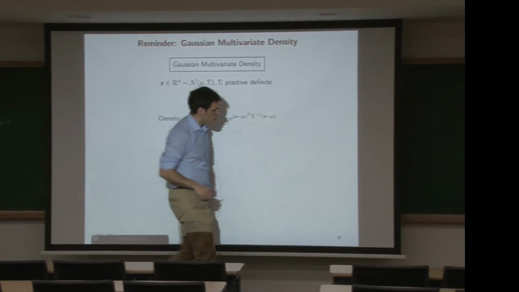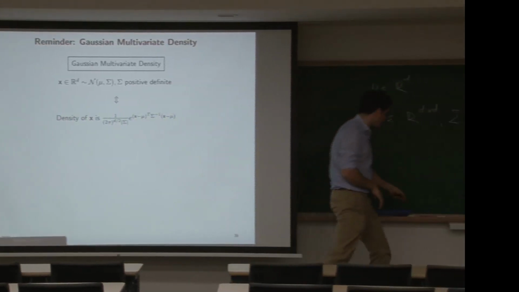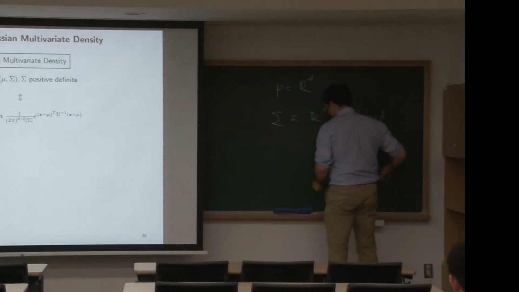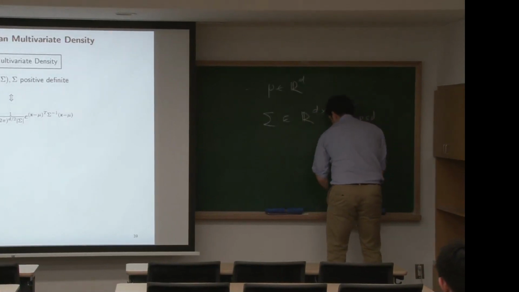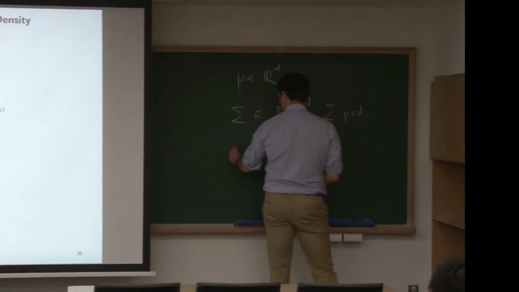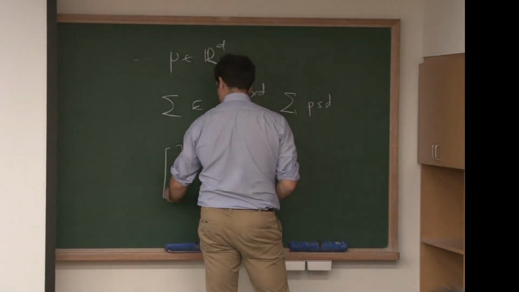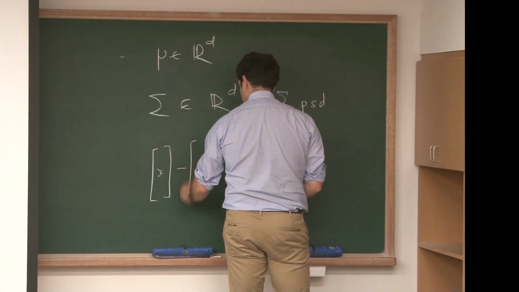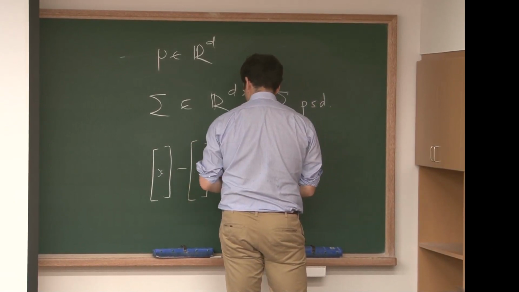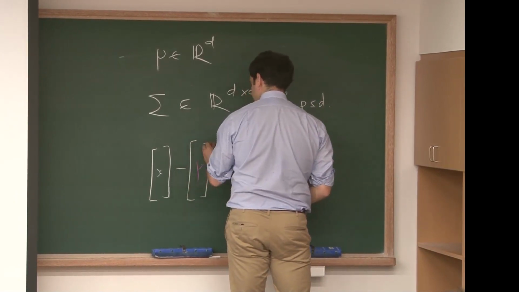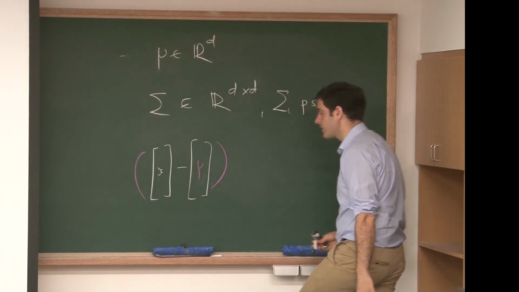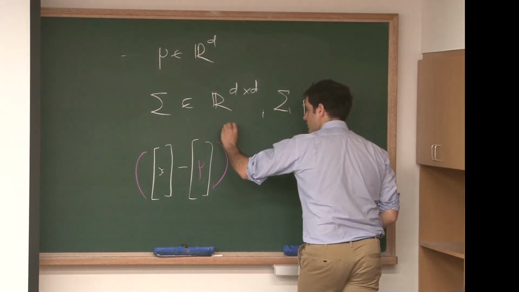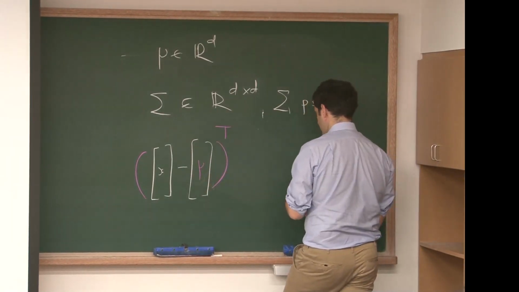The way you compute the density of a vector is easy. You have a vector x, and you subtract mu. This is a parameter, so mu is the mean parameter. Then you take the transpose of this, so we have a flat vector.